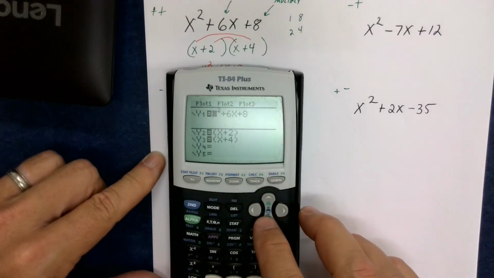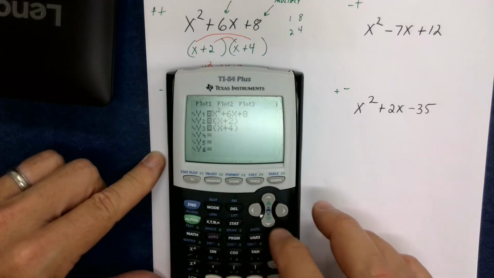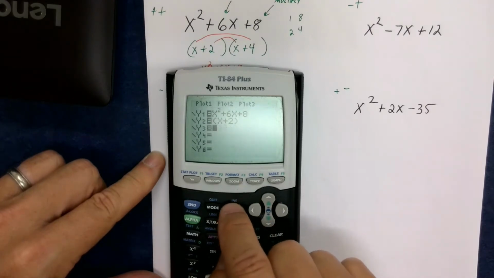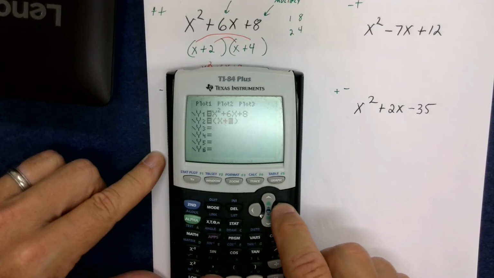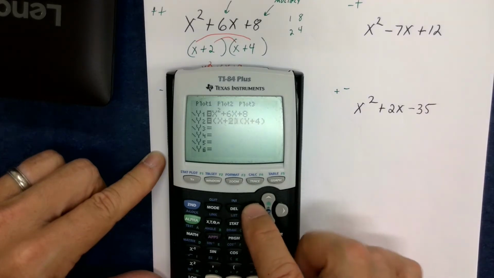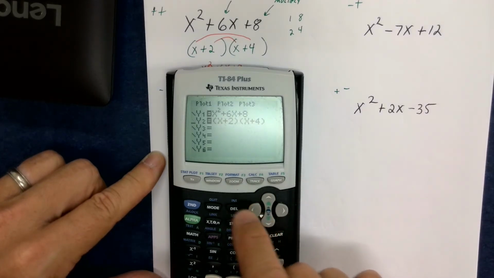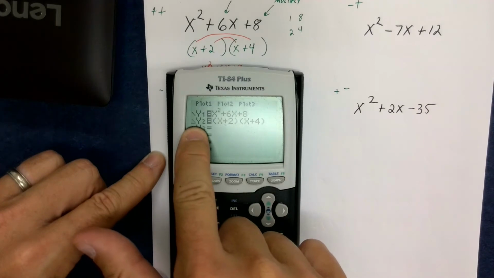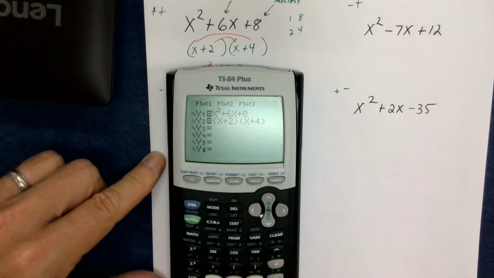So watch this. I'm going to delete it here, clear that all out. I'm going to go up here and put parentheses, x plus 4. You can do this with me if you want. Then I'm going to go all the way over to the left. Watch my cursor. See how it's all the way over here to the left, blinking up and down on that thing? I'm going to hit enter once.